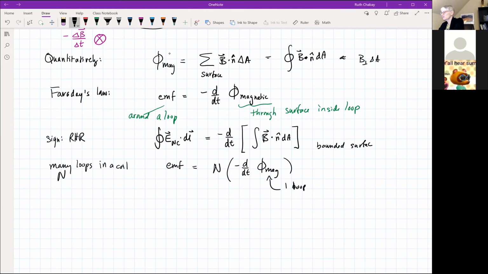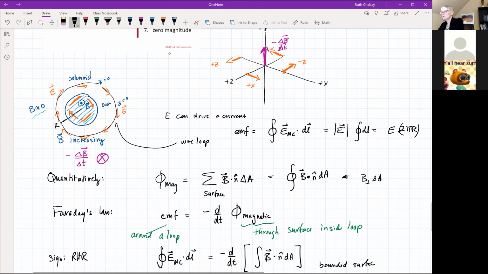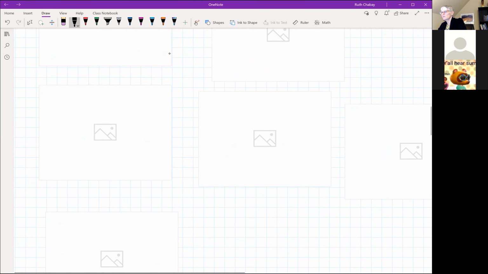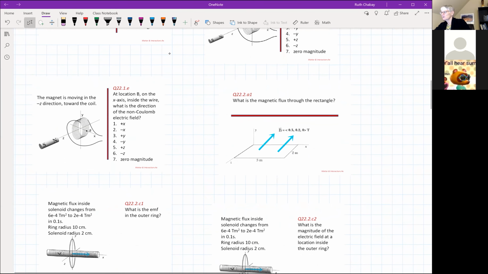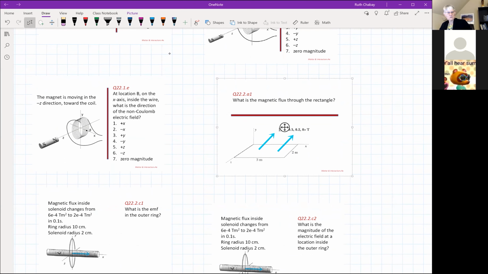Okay, so it hasn't been all that long, but let's remind ourselves about magnetic flux.